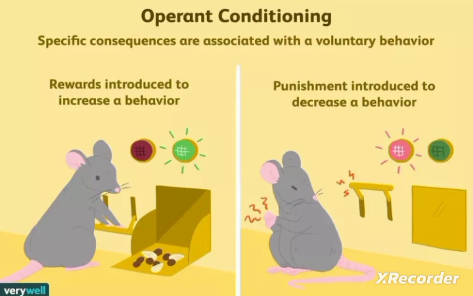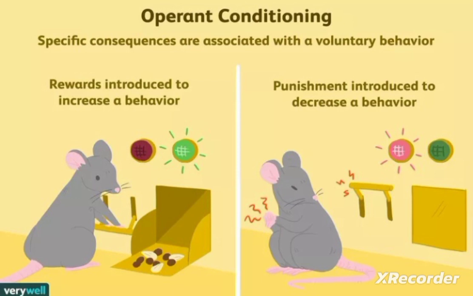In order to understand operant conditioning, he made an experiment known as the Skinner box experiment. A Skinner box is a small box with solid walls and a bare floor. And here the bar is arranged so as to deliver a pellet of food or water each time it is pressed.